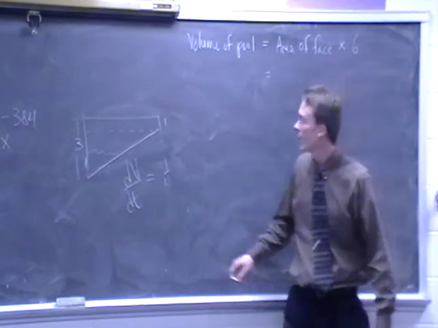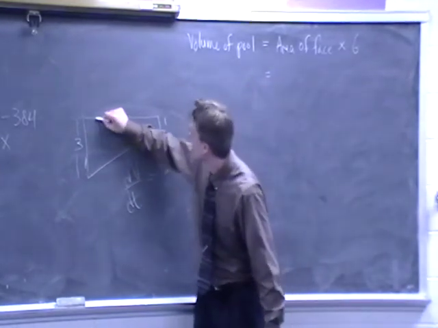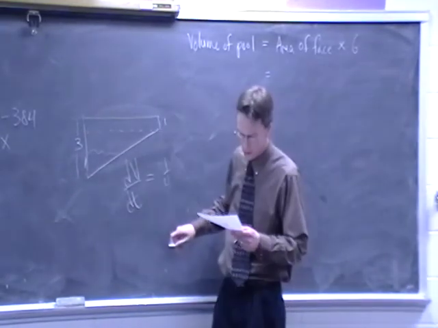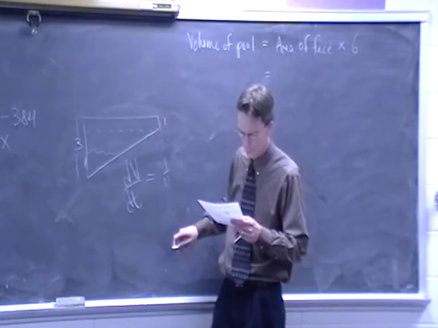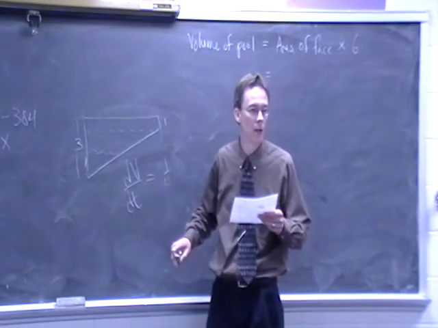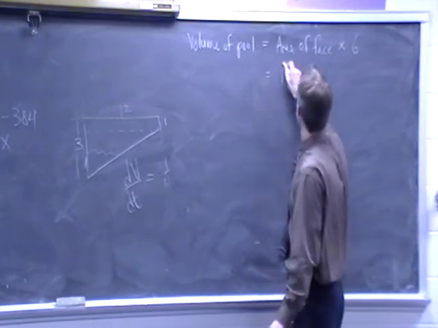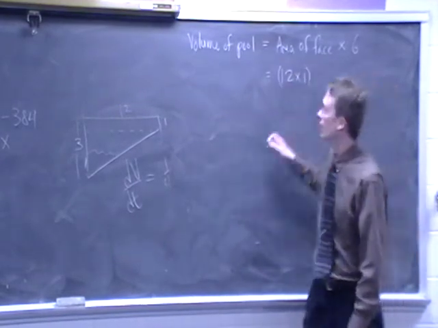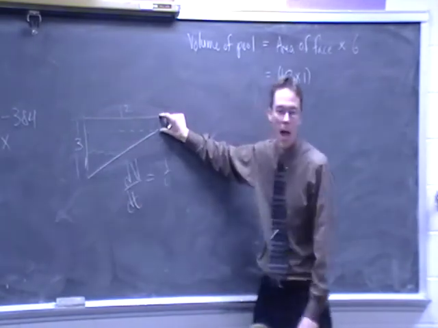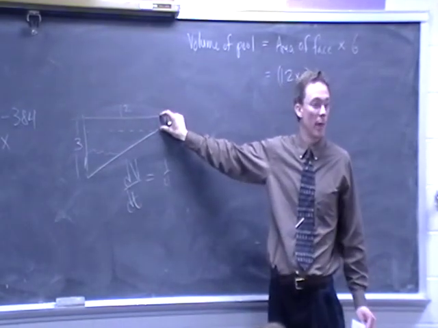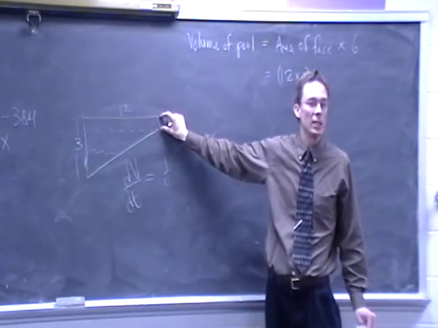This area of the face, we've got a rectangle up top. It's what by what? Okay, it's 12 across, so it's like 12 by 1. Yeah, 12 across, 1 high. That'll give you part of the area of the face.